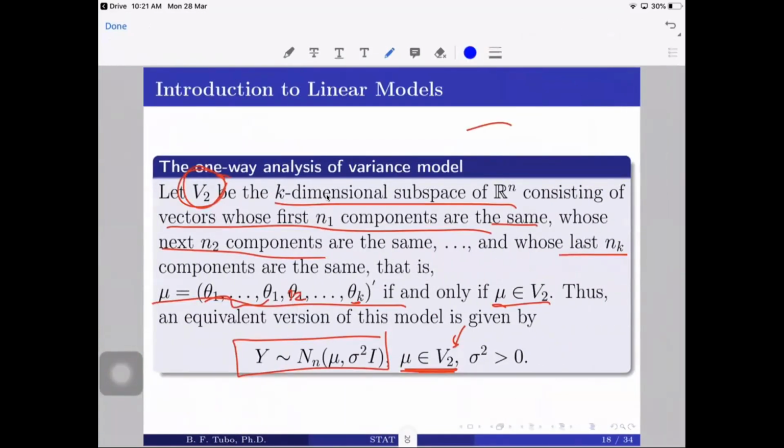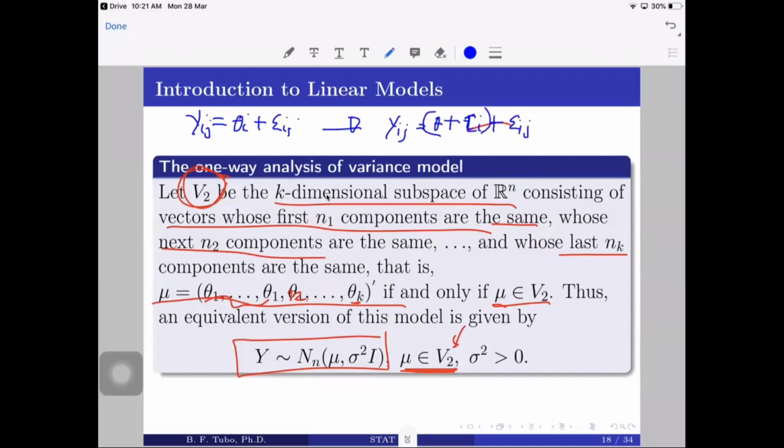For example, y is equal to a general, like I said, yij is equal to theta i plus epsilon ij, since you run from 1 to n. But what you really want is to separate the overall effect plus some treatment effect plus error terms, no?